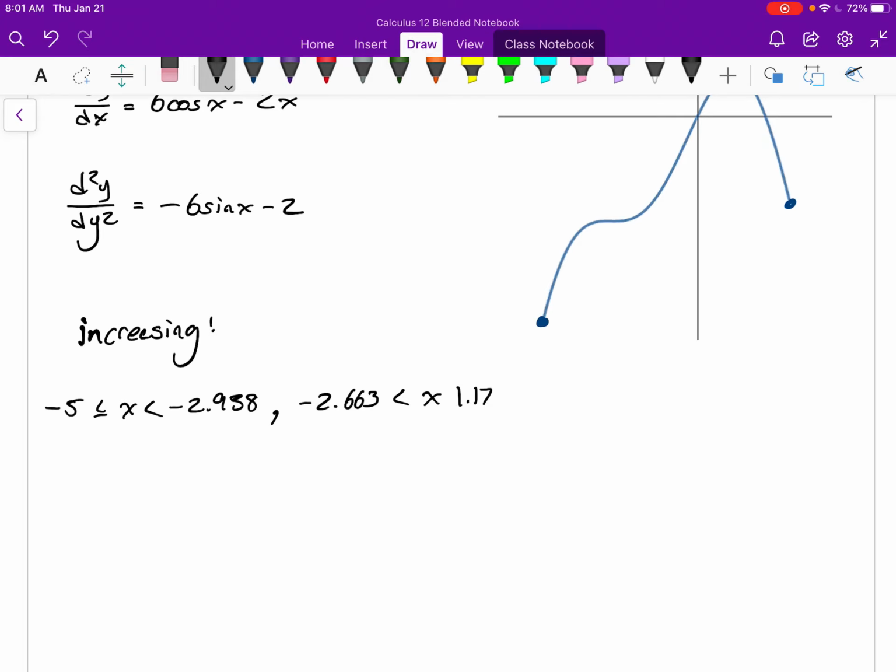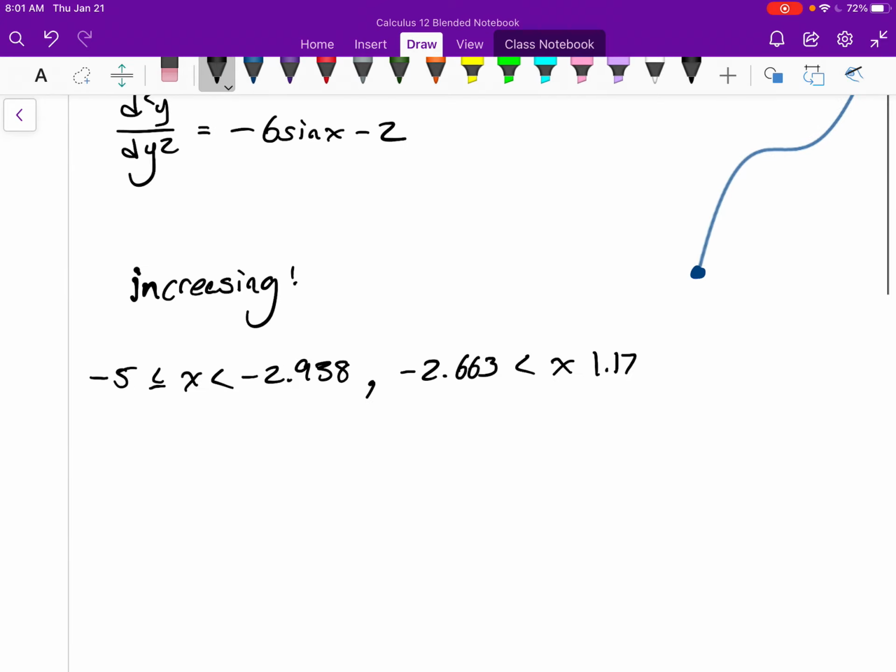Now I will say, looking at where it's increasing, these inequalities here, I'm missing another inequality right here. There we go. Whether I show it like this or like this, it doesn't really matter too much because these are approximations. The only number here that's exact is that negative 5. So really, these are all approximations. So I'm not going to get hung up on that at all.